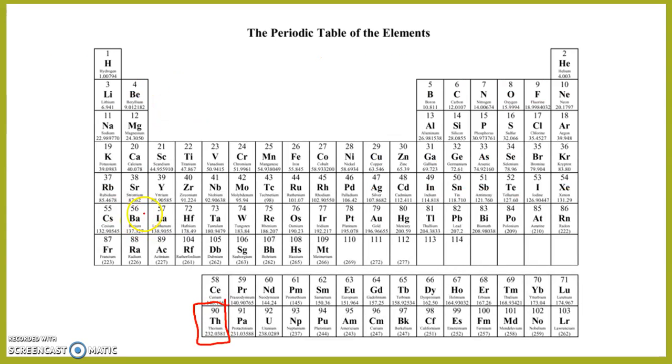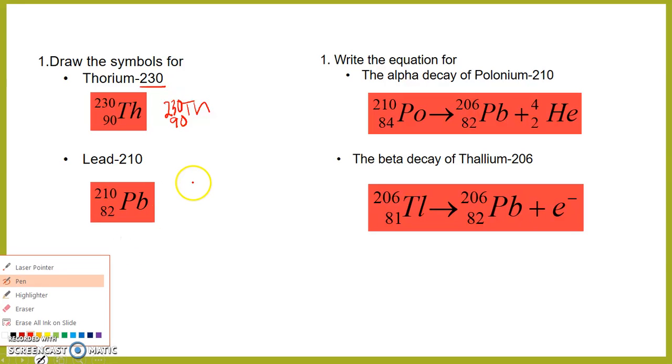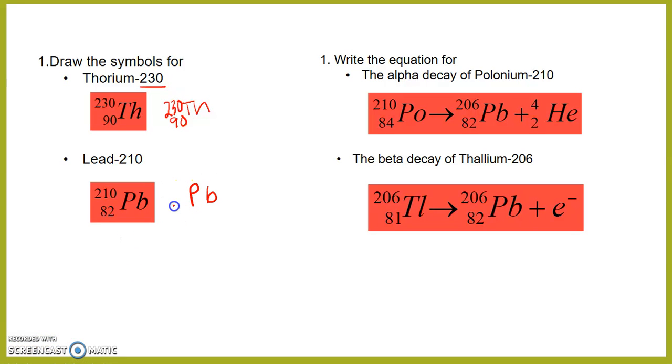Now lead's symbol is Pb, which is right here in the middle. Sorry about that, guys, that is Pd; Pb is lead. It has an atomic number of 82. So we write Pb, 82, because that's the atomic number, and we have 210.